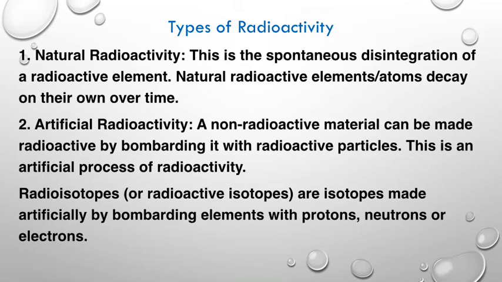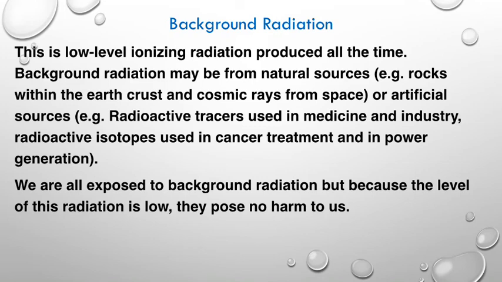That's artificial radioactivity. Now, radioisotopes, or radioactive isotopes, are isotopes that are made artificially by bombarding elements with protons, neutrons, or electrons.